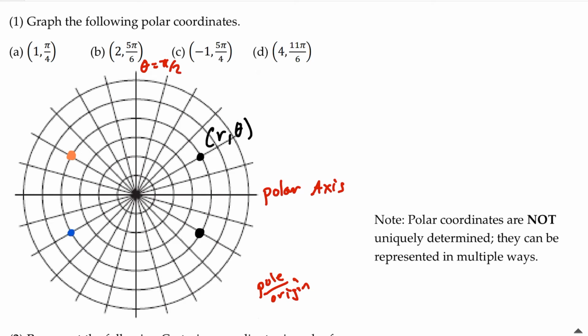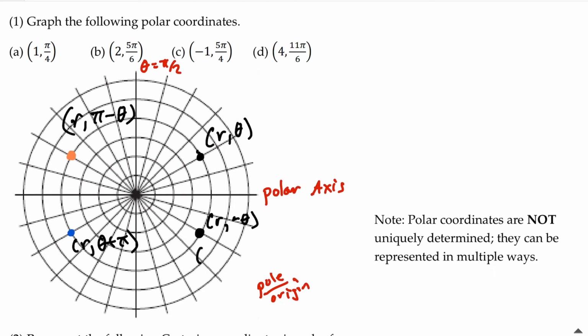And so for each one of those points, we can represent those in different ways as well. So we'll just note this would be r, negative theta. This coordinate could be r, theta plus pi. So just adding pi to rotate 180 degrees. And this coordinate could be r comma pi minus theta. So we just subtract from 180 to get that point.